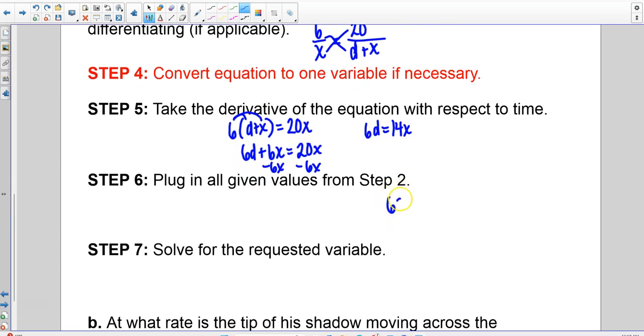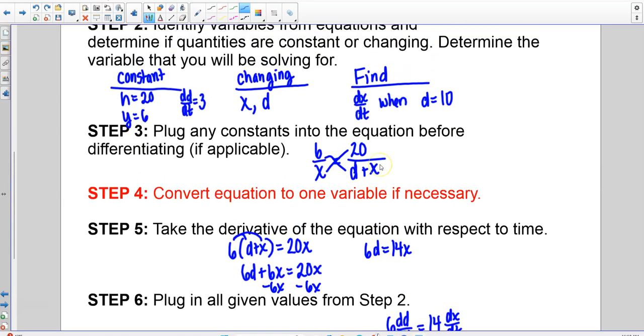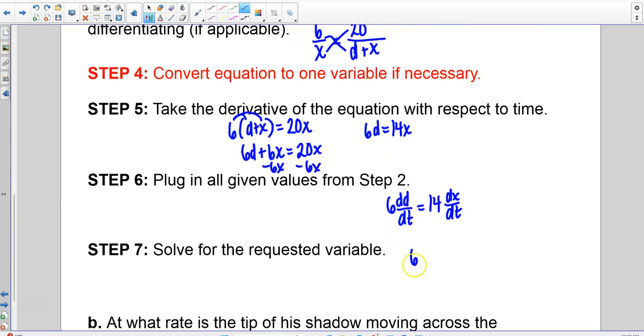So we got 6 dd dt equals 14 dx dt. And we just need to plug in the dd dt, which is 3. So 6 times 3 equals 14 dx dt. We got 18 equals 14 dx dt. We're going to divide by 14. And so we are going to get 9 over 7 for our dx dt.